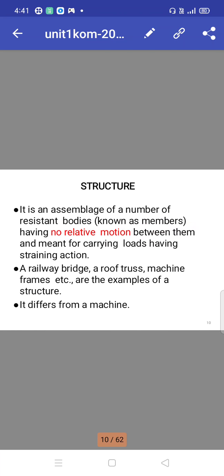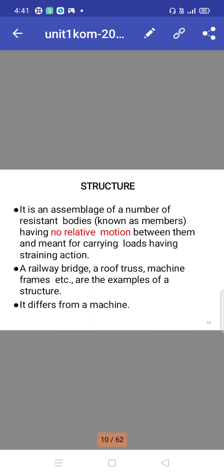Then structure. It is an assemblage of a number of resistant bodies known as members, having no relative motion between them and meant for carrying loads having straining action. A railway bridge, a roof truss, machine frames, etc. are examples of a structure.